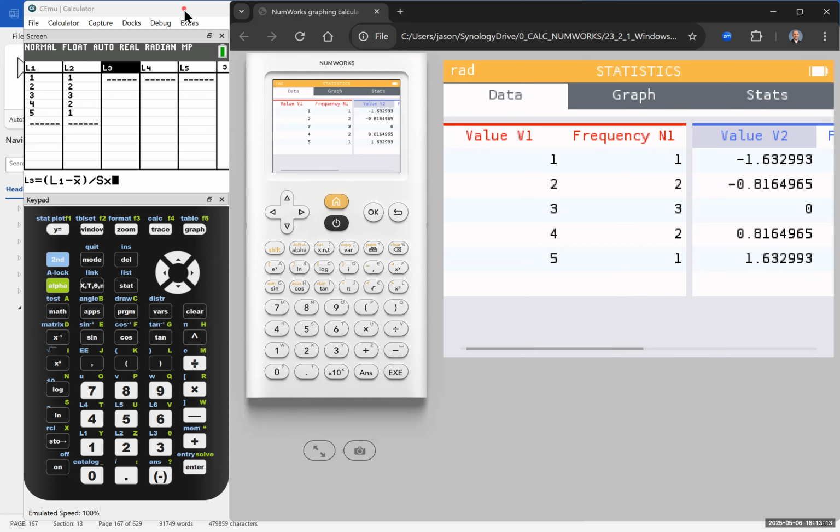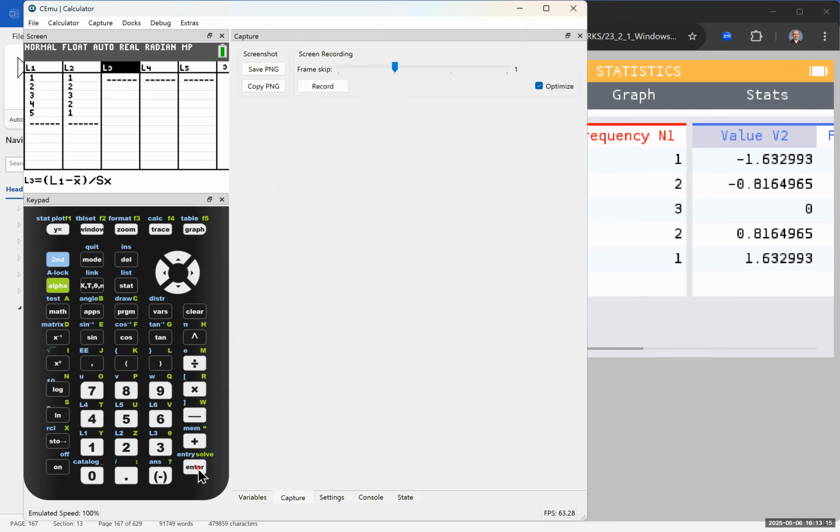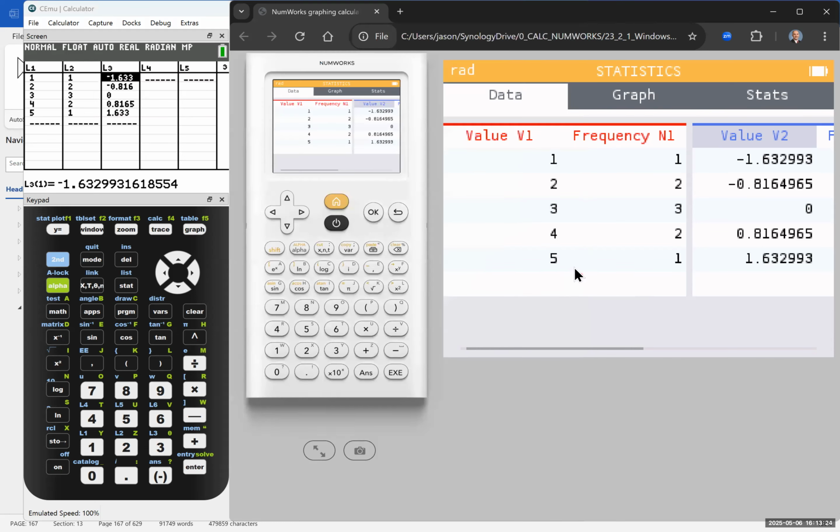Now let me come back over to the Texas Instruments and let me hit enter. And you see we're getting the exact same values. All right, one other thing to point out here is that the mean of a data set becomes 0 on a z-scale. And notice that if we go 1 donut less and 1 donut more, we pretty much get the same value below and above 0.